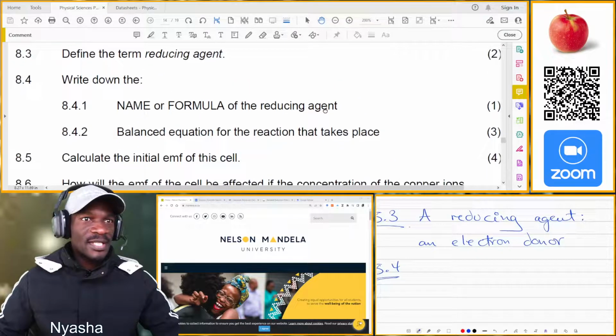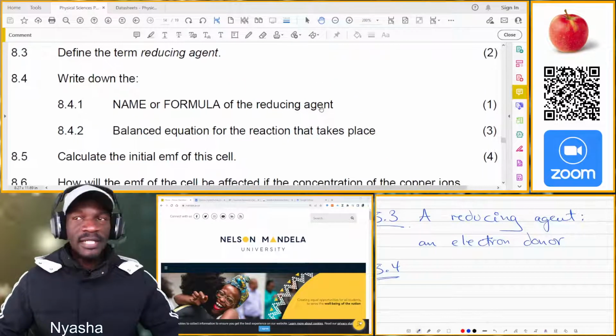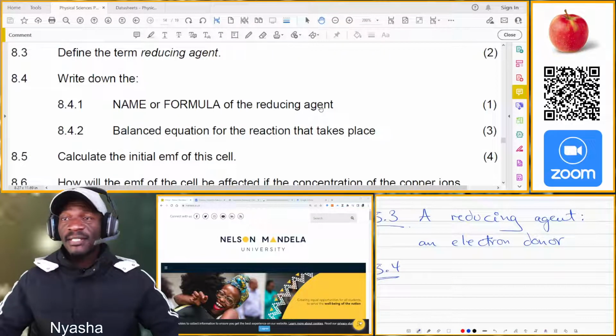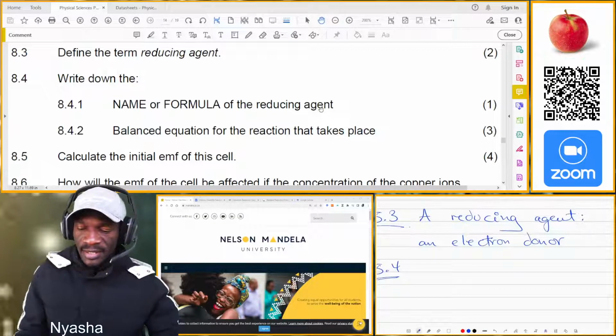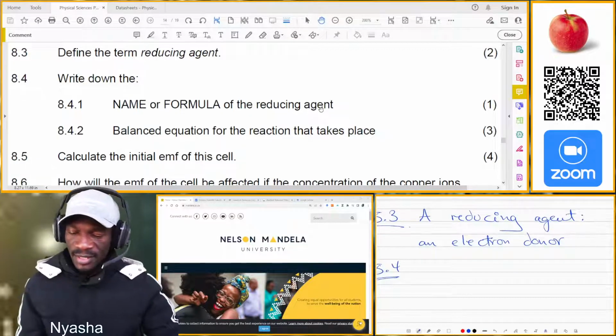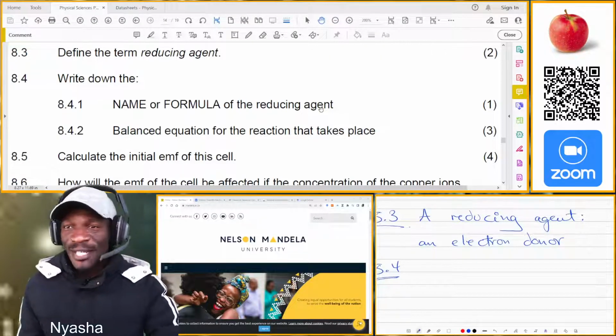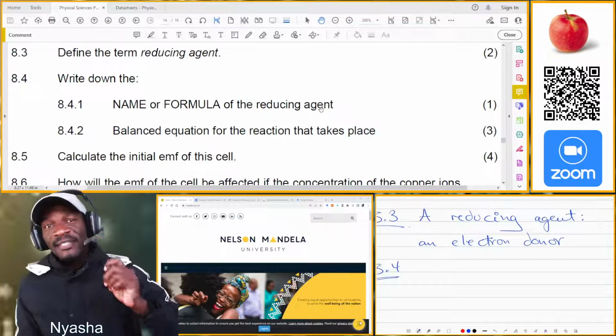So this was question number 8.3, which said define the reducing agent. So we've got the term reducing agent, and we already defined it there. It simply donates electrons. When it donates electrons, that's a minus. It gives a negative charge.